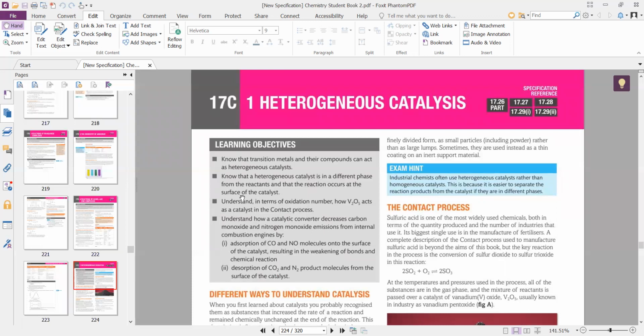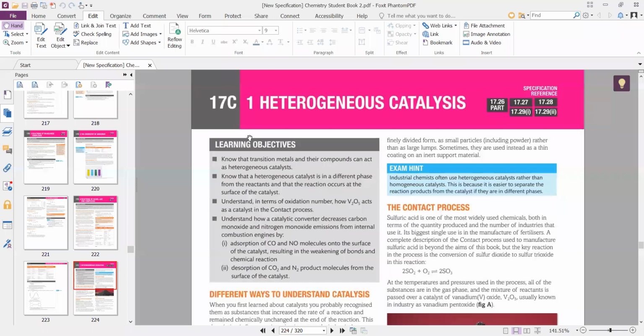Two types of catalysts are there, homogeneous and heterogeneous. We did this in unit 4.